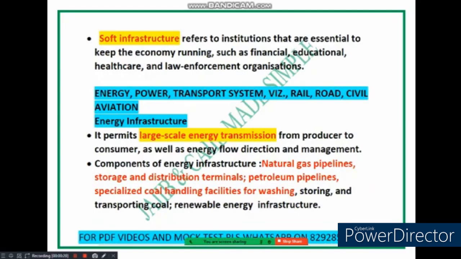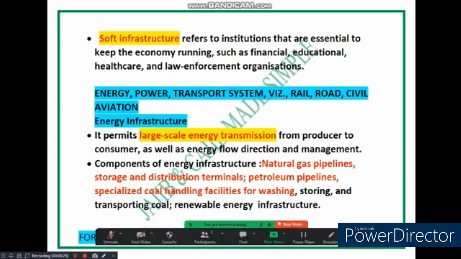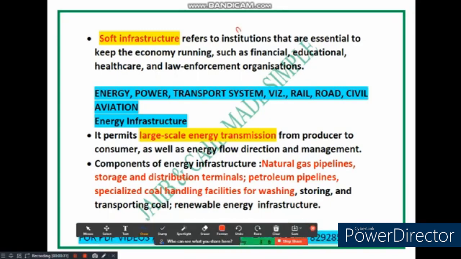Now let's talk about soft infrastructure. Soft infrastructure refers to the non-physical components, whereas hard infrastructure refers to the physical components. These are non-physical components that support and enable economic and social activities.